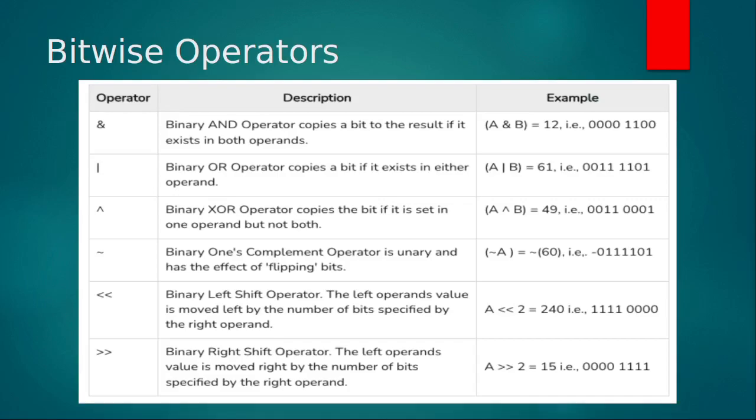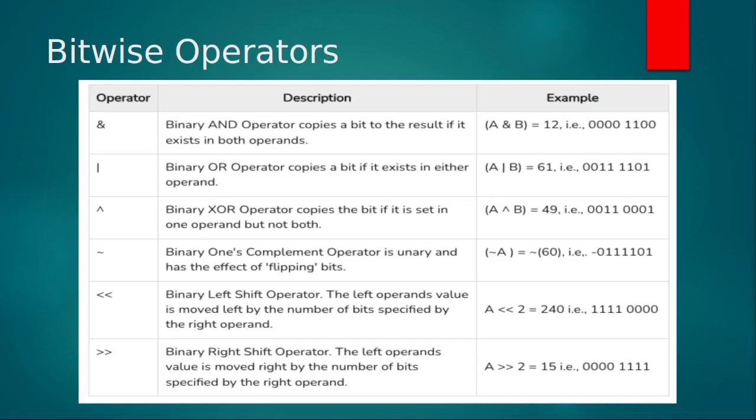If both values are 1, the result at that bit will be 1. If both values are 0, the result is 0. If either is 0, the result will still be 0. It does that for every bit of the values.